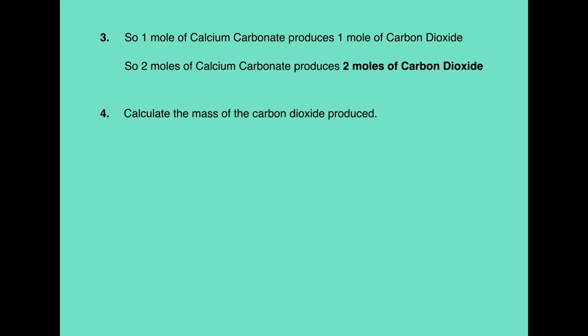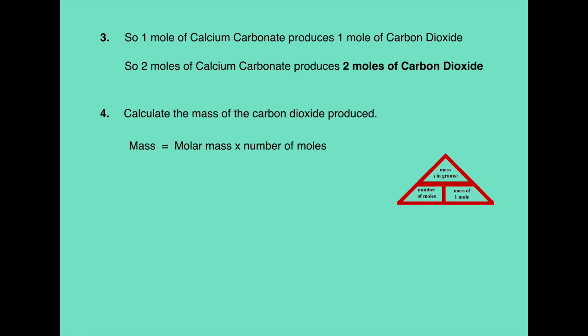Part 4 requires us to calculate the mass of the carbon dioxide produced. Now, if we've got moles and we want mass, we're going to use, yes, you guessed it, the mole equation. We want mass, so mass is number of moles times the molar mass, the mass of 1 mole. The molar mass of carbon dioxide is carbon plus 2 oxygens.